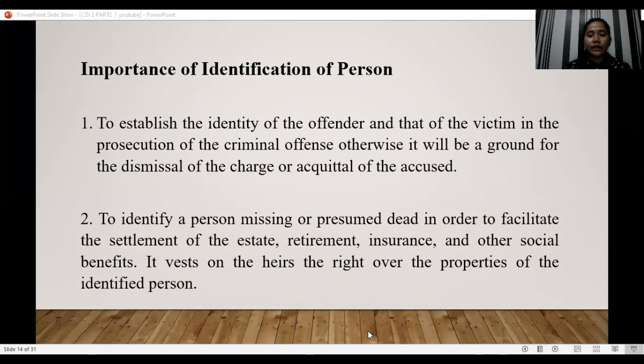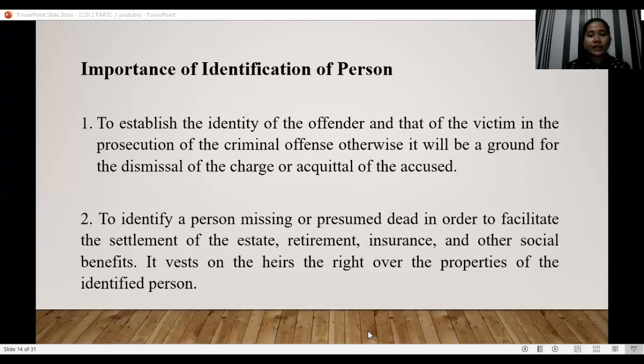The second one is to identify a person missing or presumed dead in order to facilitate the settlement of the estate, retirement, insurance and other social benefits. And it vests on the heirs the right over the properties of the identified person.